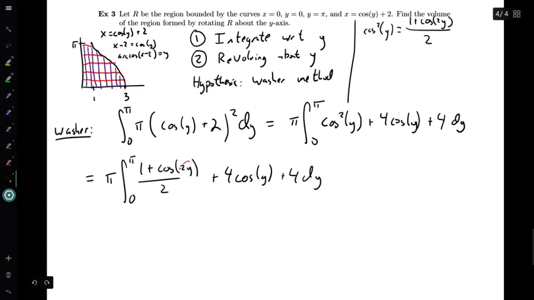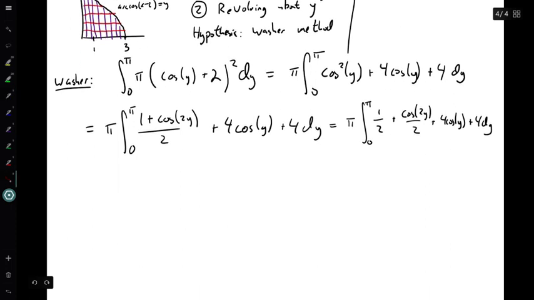I can deal with a constant inside of the cosine function with u substitution, and for the rest of this, I can simply integrate it. So let's do one more little arithmetic simplification before we head off to actually do the integrating. Let's break this fraction up as 1/2 plus cos 2y over 2, plus 4 cos y plus 4, dy.